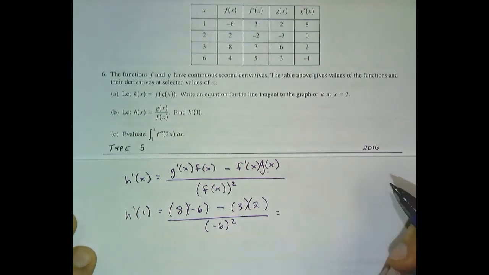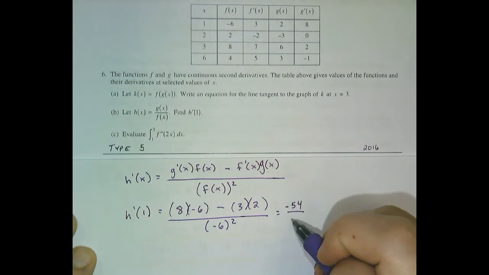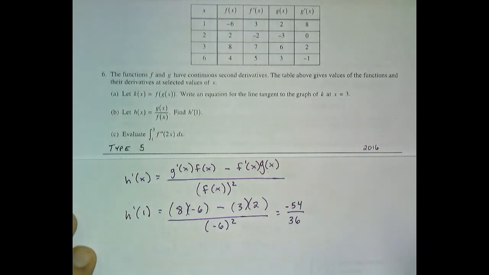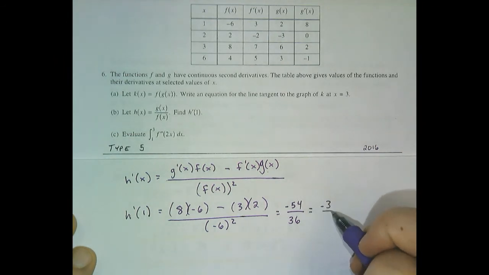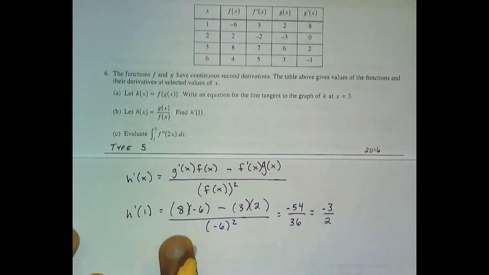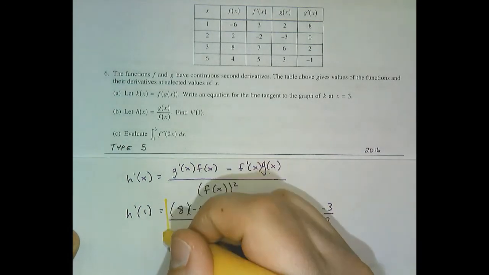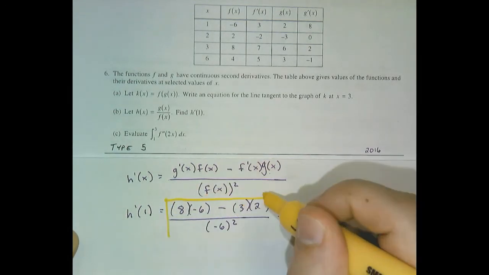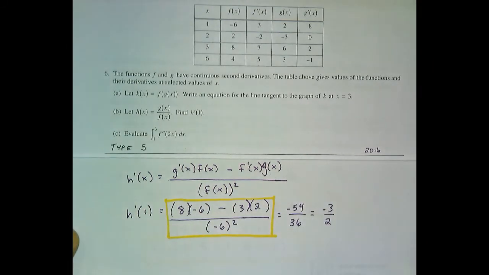If you clean up the numerator, you'll get negative 54. Clean up the denominator, you get 36. And if you simplify all the way down, it reduces to negative 3/2. But it should be noted that the very first expression that we wrote here is an expression for h prime of 1. So that's numerically correct.